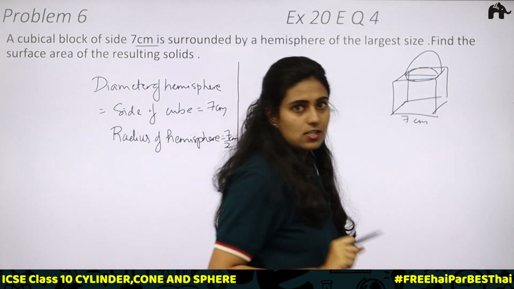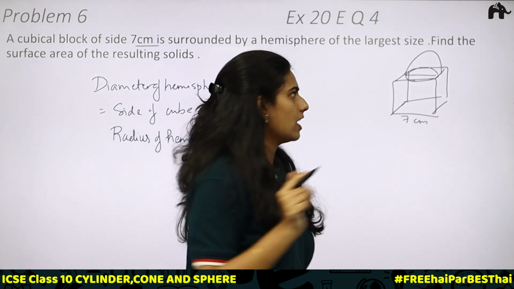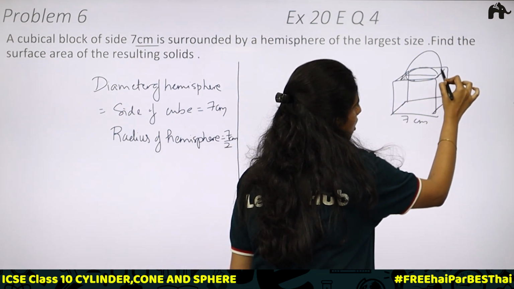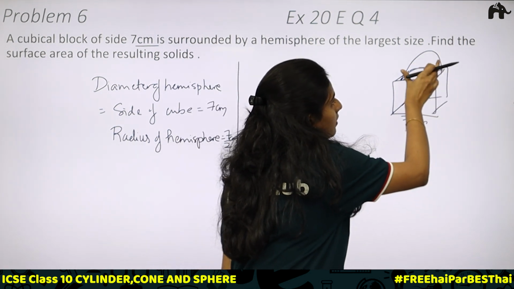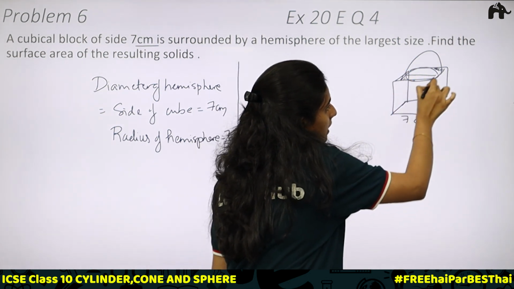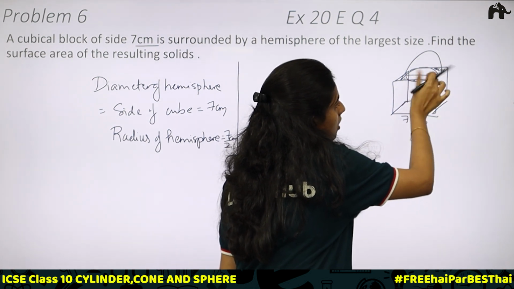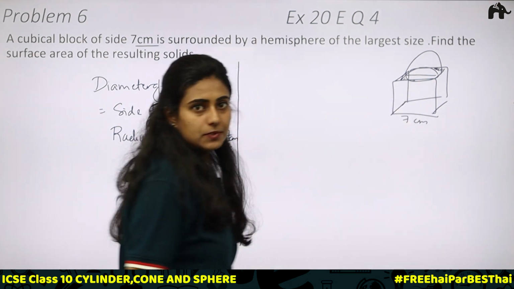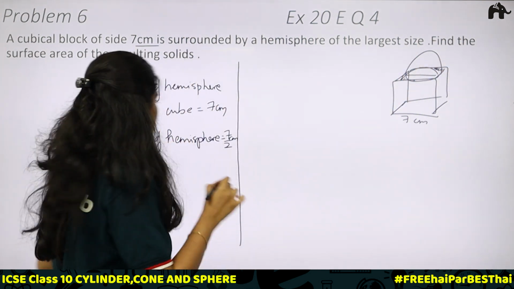So 5 faces of the cube, then the curved surface area of hemisphere. One more region is there, which is this part. The part of the top face of cube that is not included within the hemisphere, which means to get that portion, we need to subtract the area of base of the hemisphere from the top face. Clear?